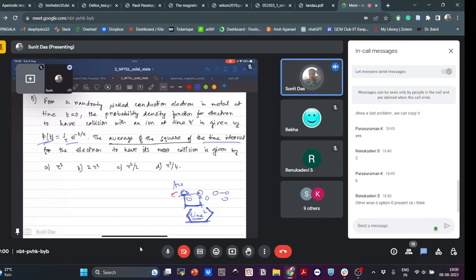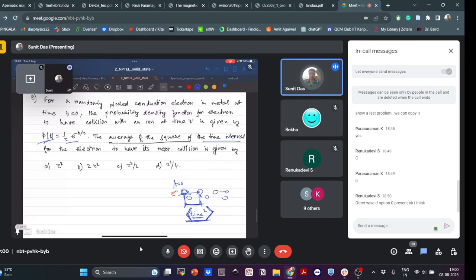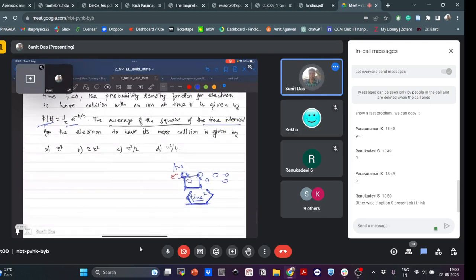Okay, so I'll give you a further hint. You just need to find the p square average, and you think about the probability problem. So how do you find the average of some function, where the function is p square, given that the probability density is p of t?